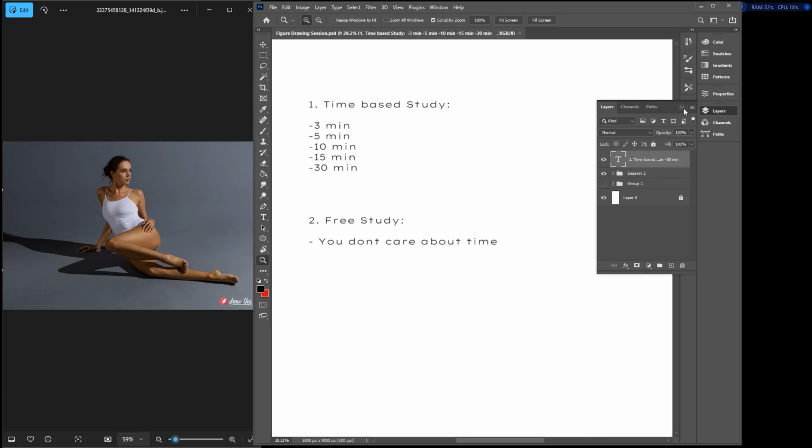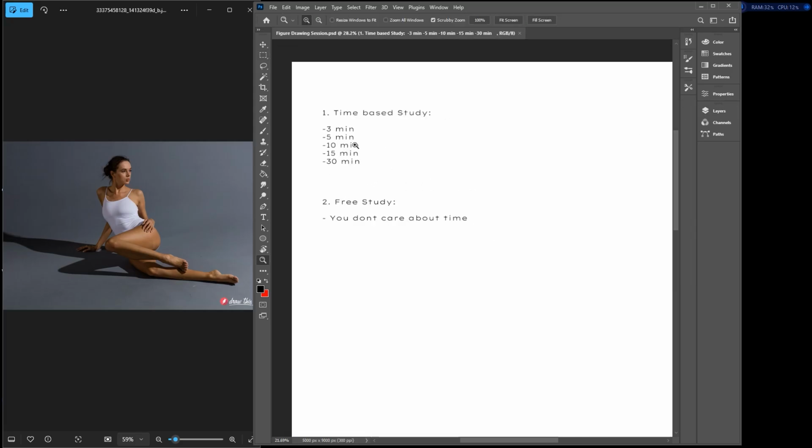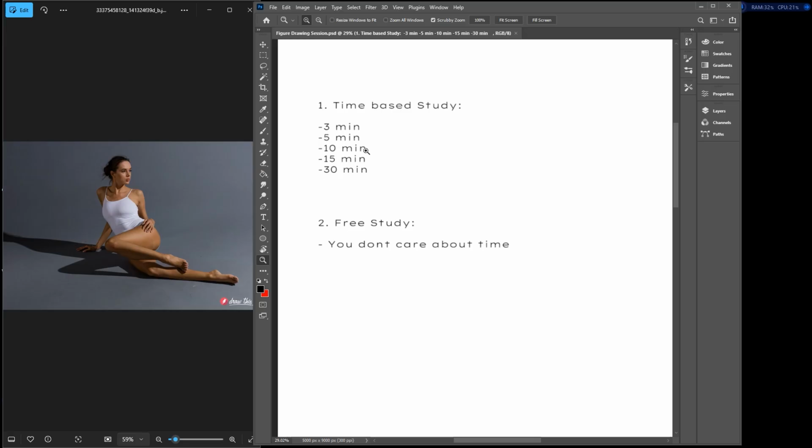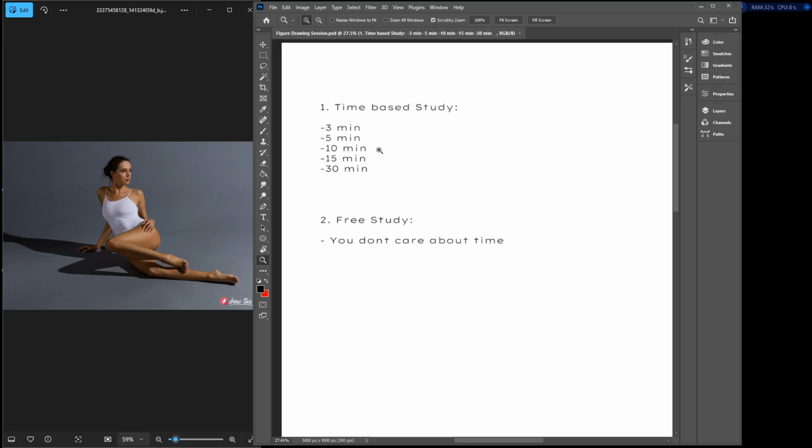So let me give you first a quick overview of what these are and how they are important. Like I said before, there is a lot of information on the internet, these kinds of details, where they will tell you to do this and do that.